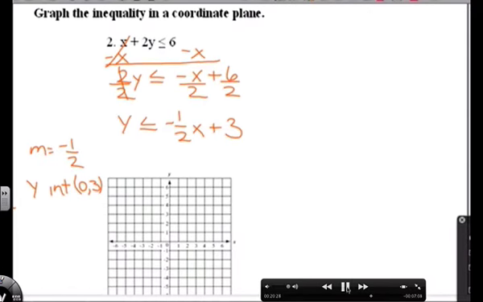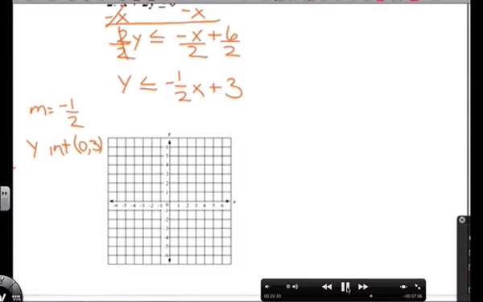I use those to plot the point. Now, because my slope is negative 1/2, I'm going to go down 1, right 2, down 1, right 2. My 2 is a positive number, so that's telling me to run right. Down 1, right 2.